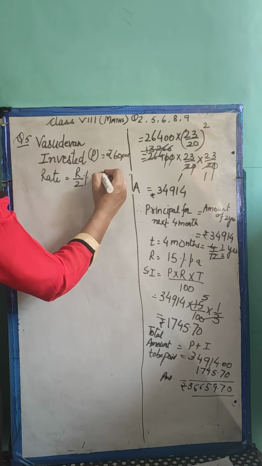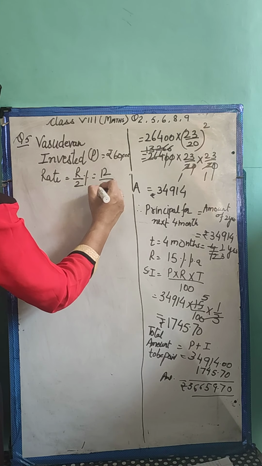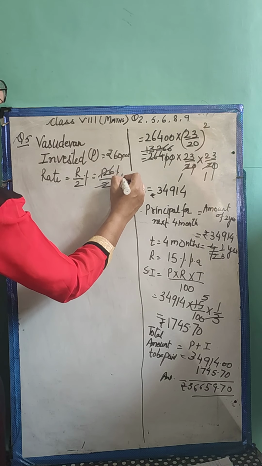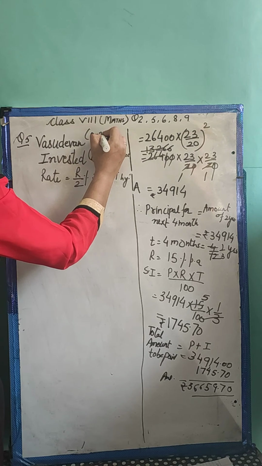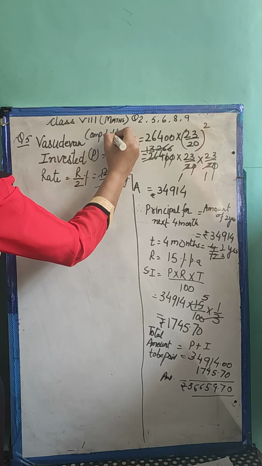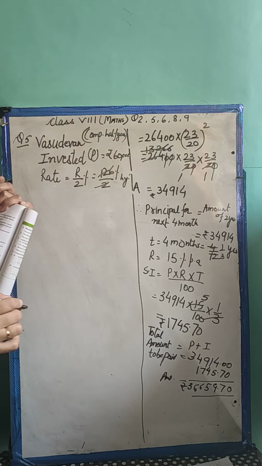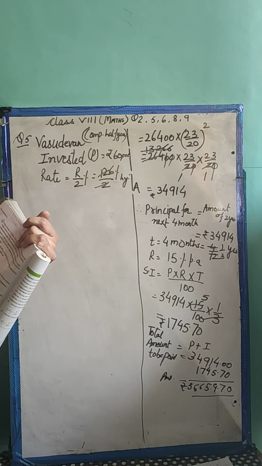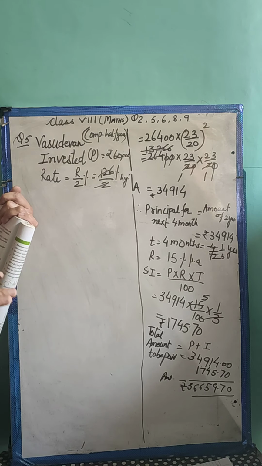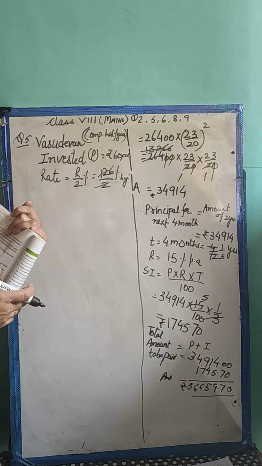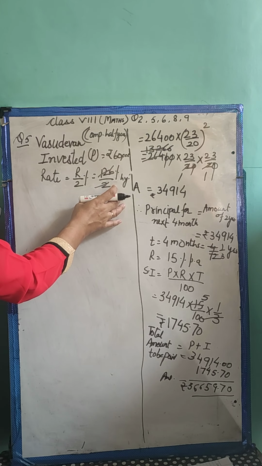If the rate is given as 12%, then 12 by 2 is 6% half yearly. Why? Because it is compounded half yearly. You have to very carefully note down whether the compound interest is applied half yearly or annually. Because interest is being applied half yearly, the rate will also be half, that is 6%.